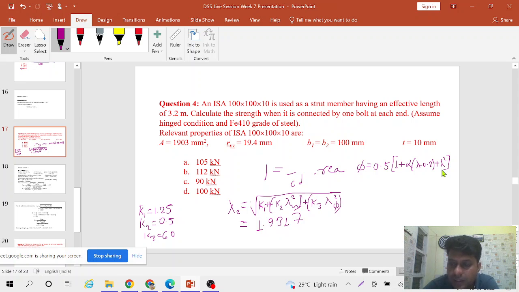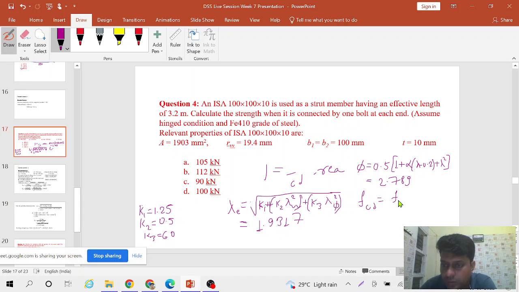Table 7. Yes, table 7, correct. So the alpha value we get as 0.49, which is given in table 7 of IS 800 2007. After putting all these values, we will get the value of phi as 2.789, and now calculate the value of FCD.